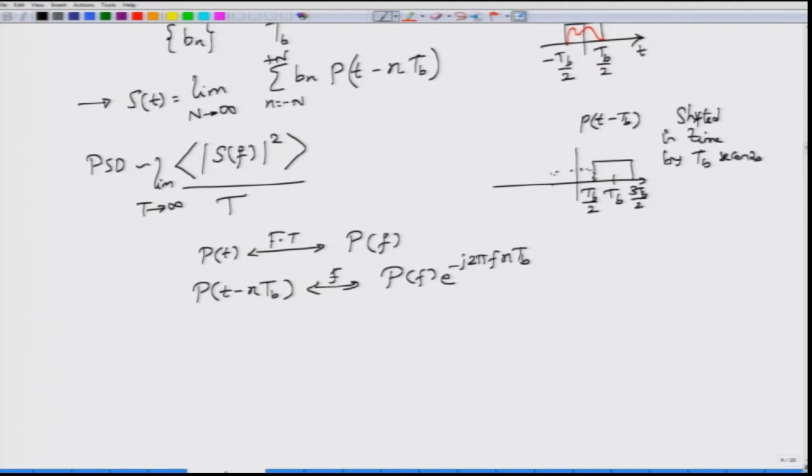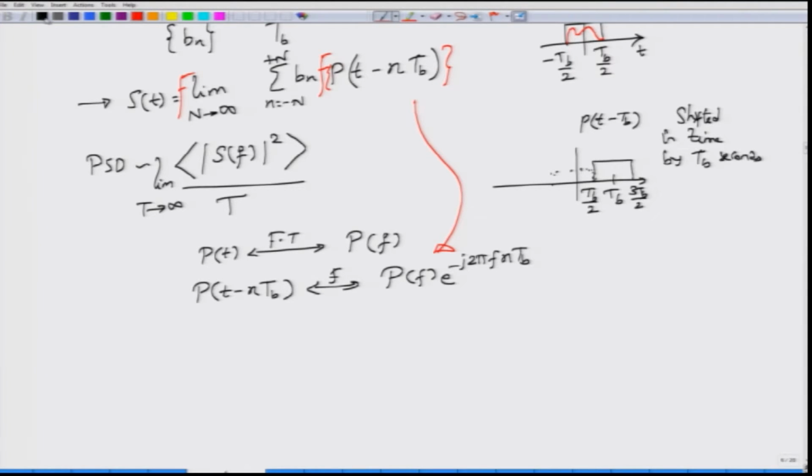So, I have S(t) here, and the Fourier transform of S(t) is S(f). To obtain it, I take the Fourier operation over the entire pulse train, then interchange the limits of the summation and the Fourier transform. B_n is a sequence that does not have a Fourier transform, whereas the Fourier transform of P(t - nTB) is precisely this term.